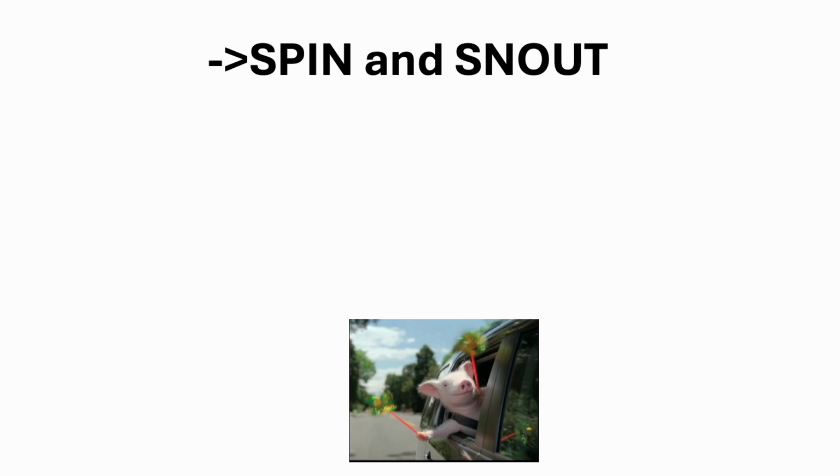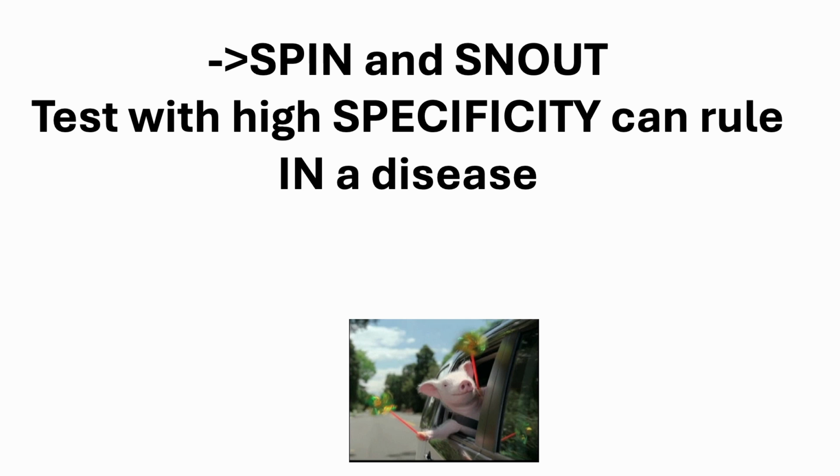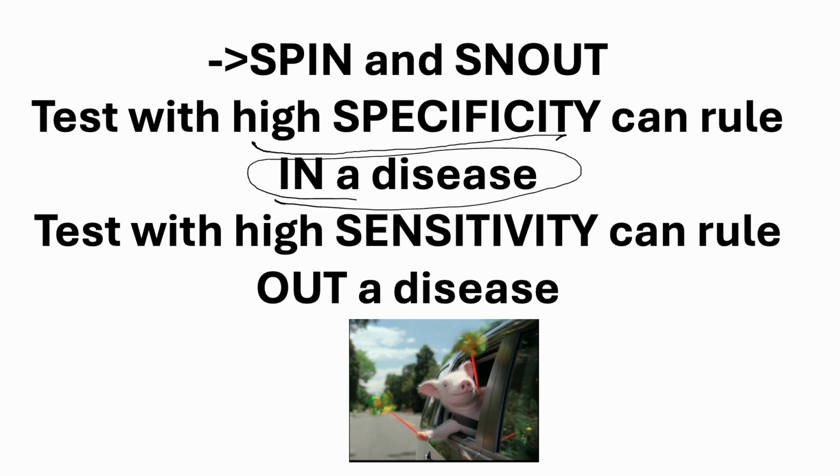Alrighty, since we all love mnemonics, let's talk about one that I'm sure you've already heard: SPIN and SNOUT. Starting off with SPIN, a test with a high specificity can rule in a disease. And SNOUT means a test with a high sensitivity can rule out a disease.